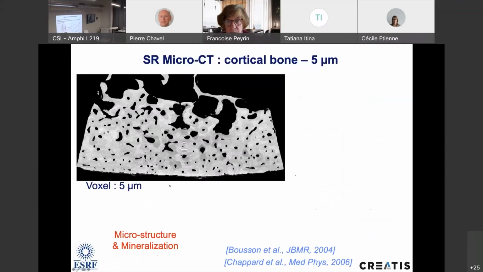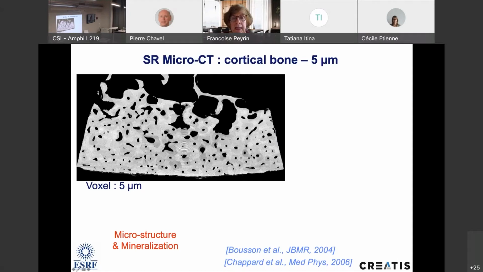So, for instance, if you look at this bone, which is human cortical bone, now imaged at 5 micrometers, you can see that within the bone, you have different gray levels around the pores. So this is a slice. The black features are the pores.